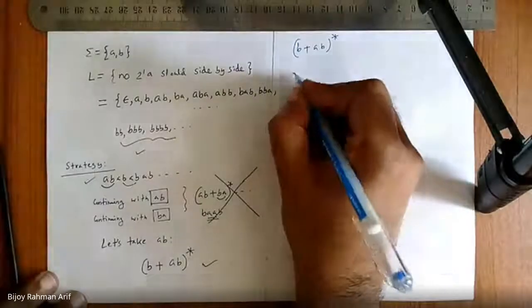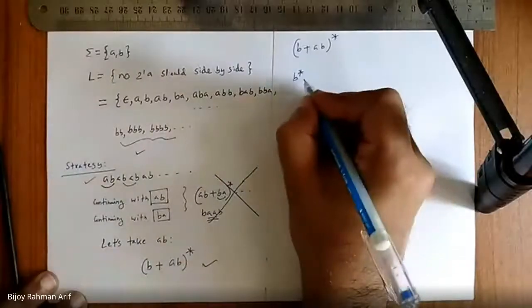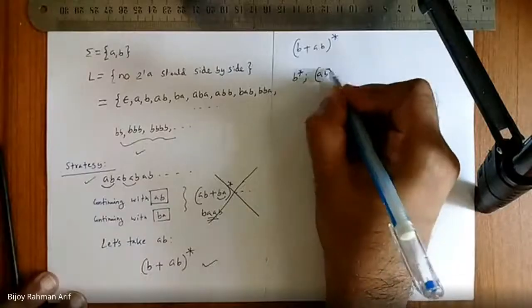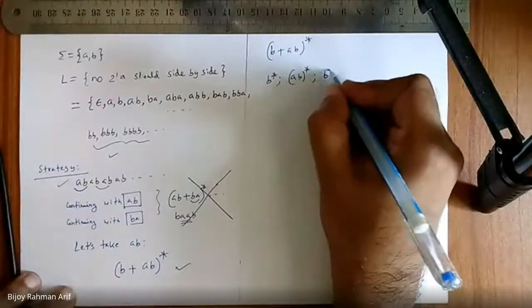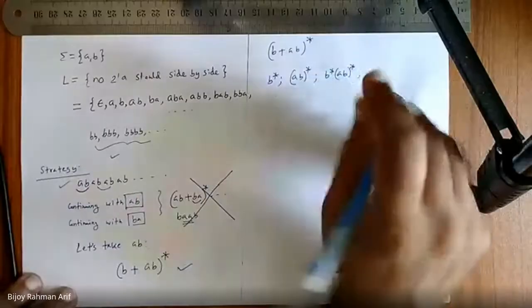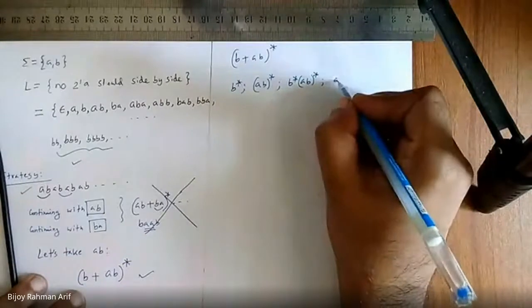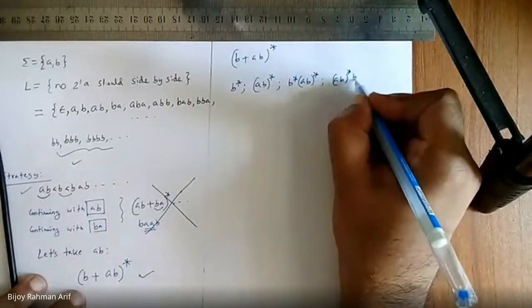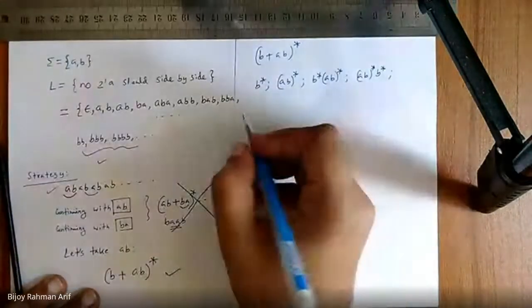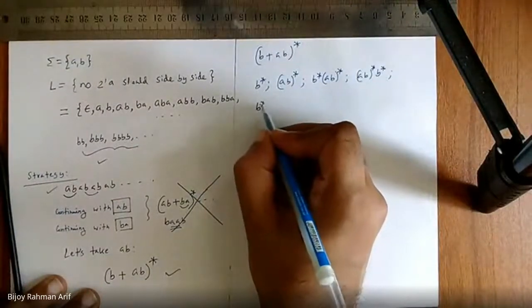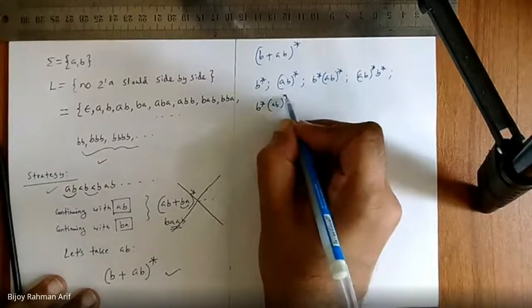So B star, AB star, and so on. B star, AB star, B star.